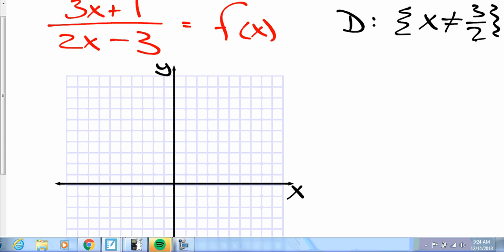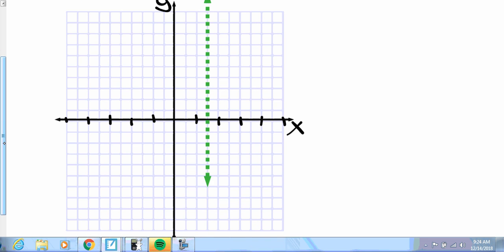How do I express that on the graph? Vertical asymptote. Where? So let's do this. 1, 2, 3, 4, 5, -1, -2, -3, -4, -5. So positive 3 halves would be right here, right? Okay, there's my asymptote.